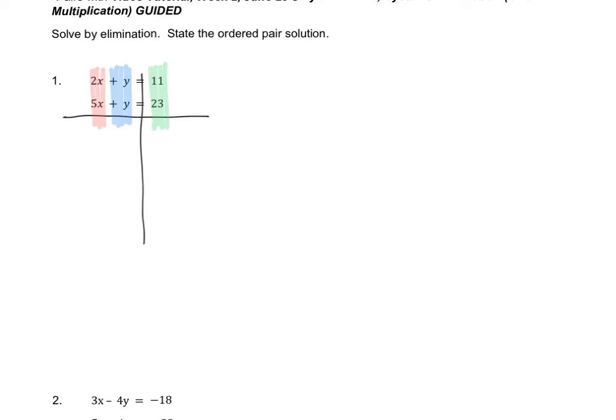I can do this with either the top or the bottom equation. It doesn't matter, but I'm going to do this strategically. I'm going to do it with the equation that tends to have smaller numbers, because then I have more of a likelihood of keeping my numbers positive.